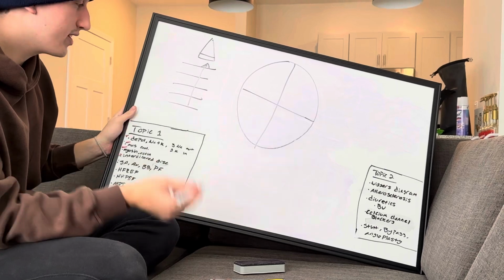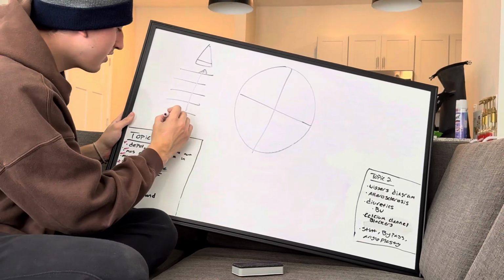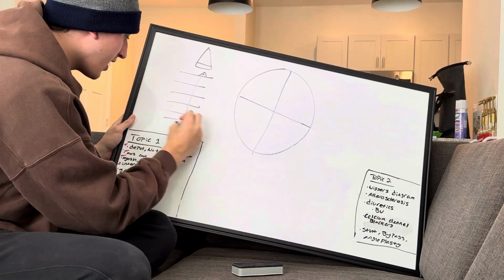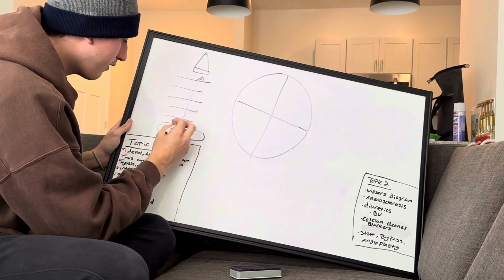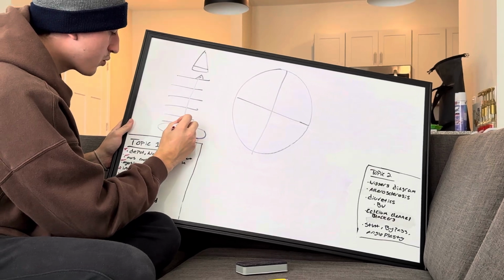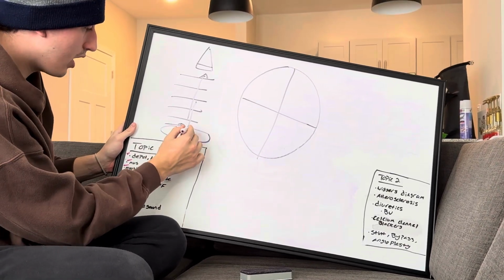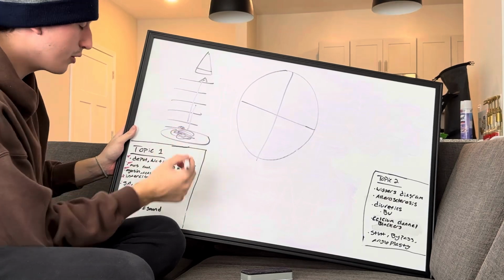Bone is extremely dense, especially the outside of bone, which is going to be very hard. So this wave is going to get bounced back off the outside of bone. So it'll be hollow, or it won't pass through.